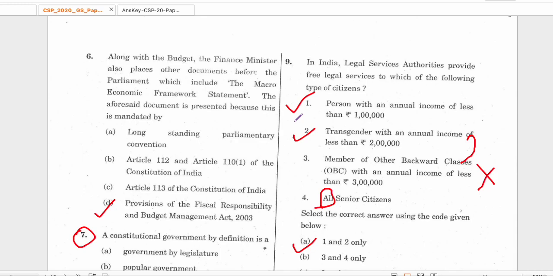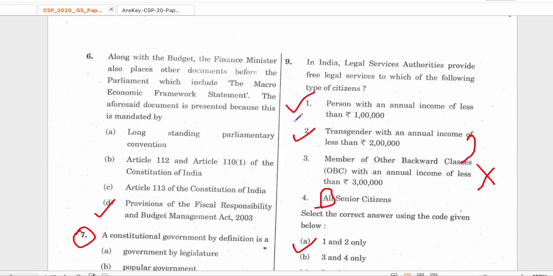Transgender 2 lakh is logical, as transgenders are socially excluded. Even if they earn, they are still socially excluded, even more than SCs and STs. So that seems a little logical, but this does not seem logical. All senior citizens having a pension of 60,000 per month would also be provided legal services, right?